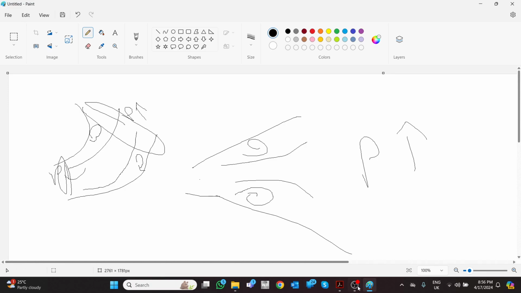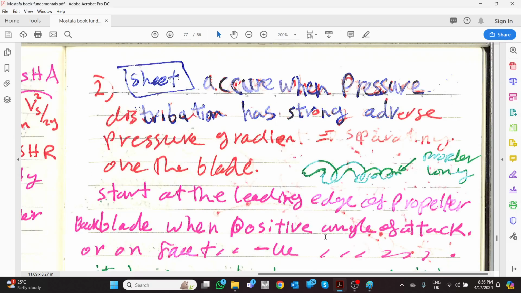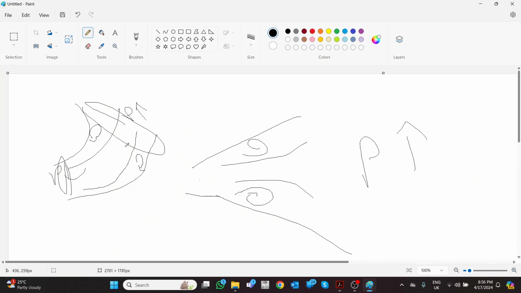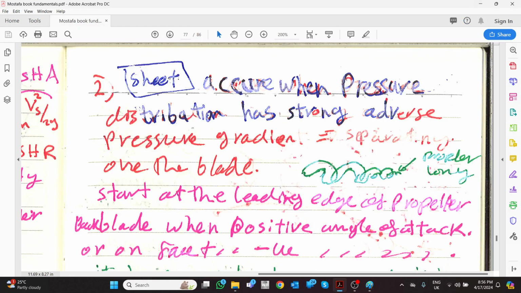Okay, so let's review why this separation happens. If you have a very long plate, yes, it is logical. As we agreed before, if the plate stops here or here, the separation happens here, so you don't have a separation. But when you have very long plates, separation can happen.